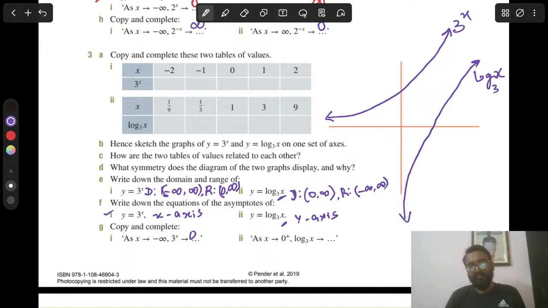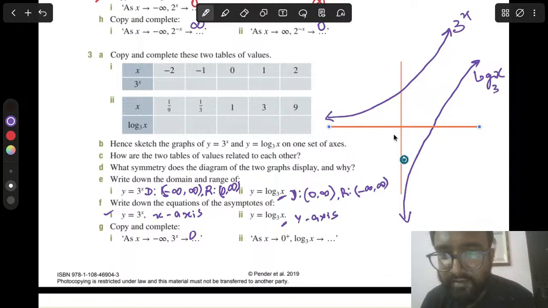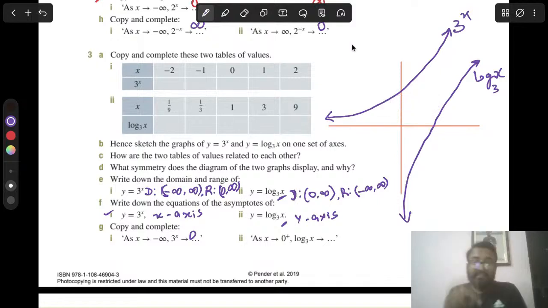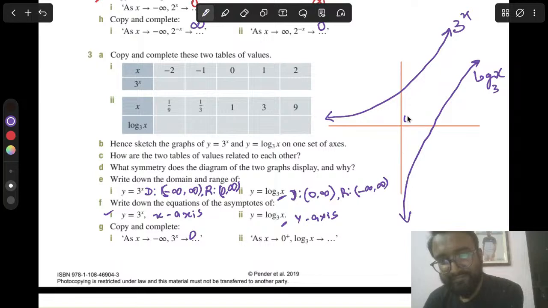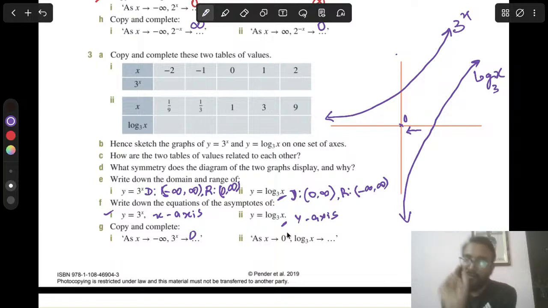Now x tends to 0, so you are on the x-axis. This is your point 0. You are reaching 0 from the right side. Do you have the left side of the graph? No. That's why he mentioned 0 plus, meaning reaching 0 from the right side.